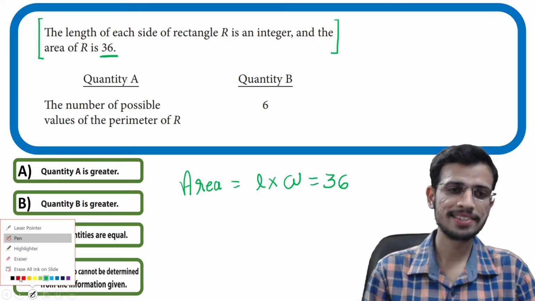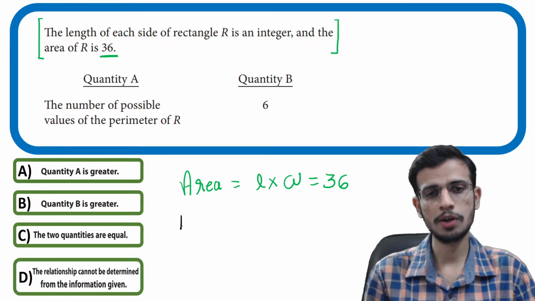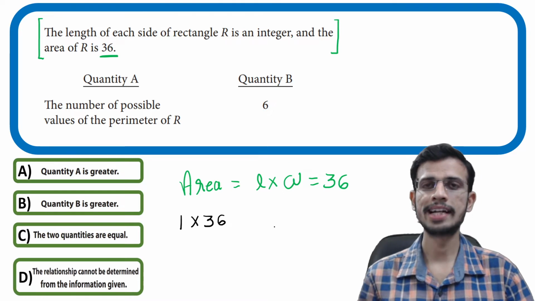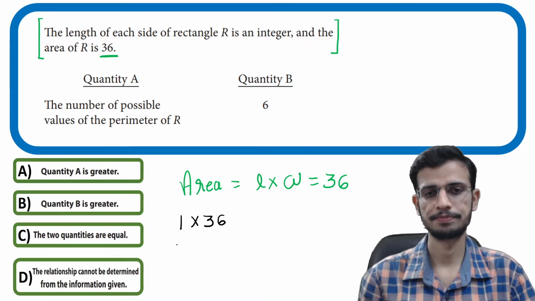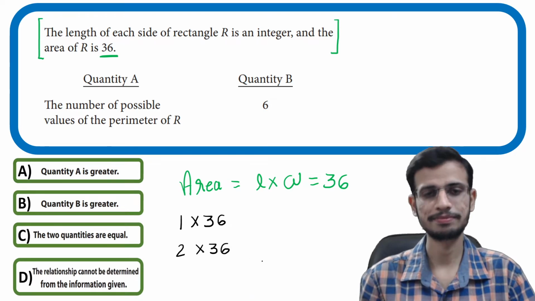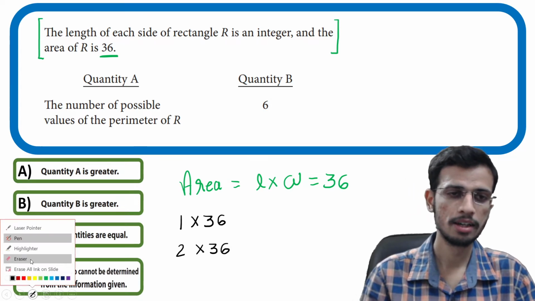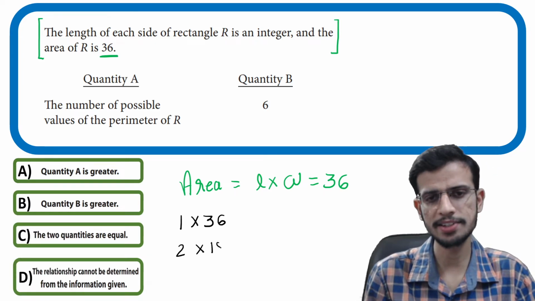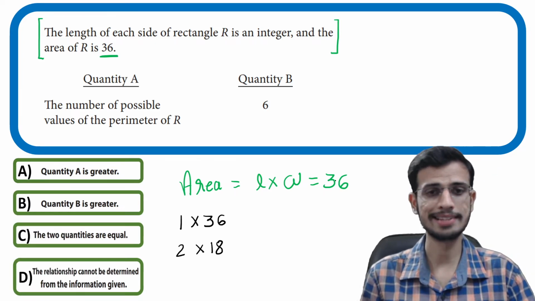So we can say 1 into 36. We can divide 36 into two factors. We can say 2 into 18, not 36, multiplication should be 36.